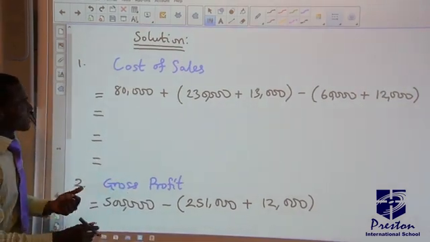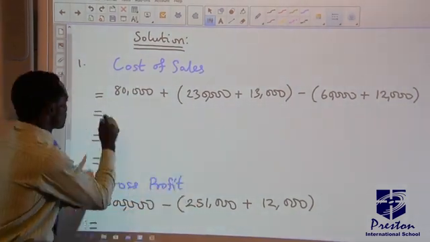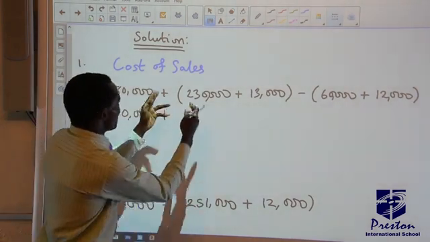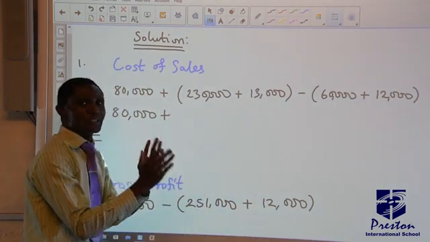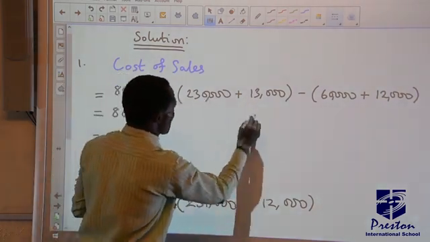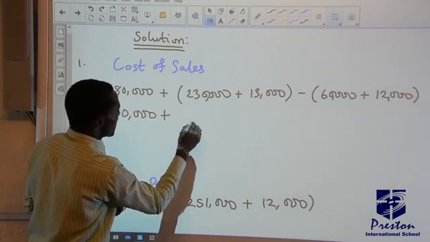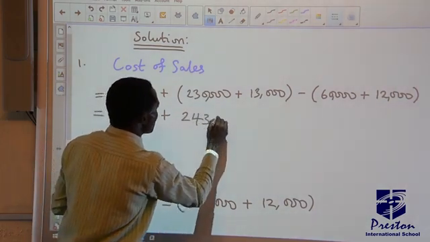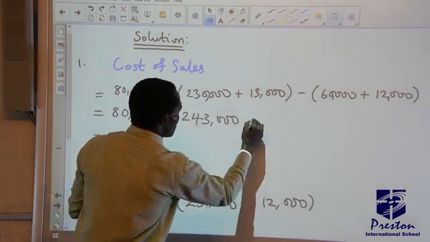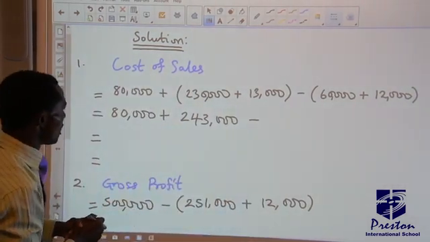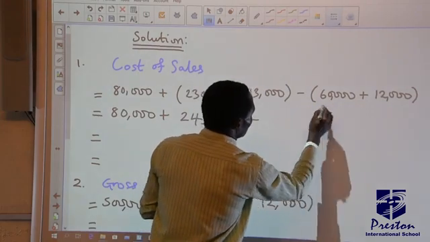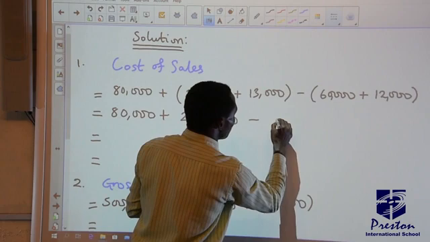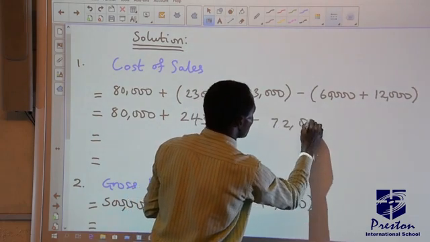Following the rule of BODMAS, bracket comes first. So our 80,000 will be added to what we have in the bracket, which must be treated first. 230,000 naira plus 13,000 naira gives us 243,000 naira. Then we'll be subtracting this. The addition of these two, because we must treat the brackets too, gives us 72,000 naira.